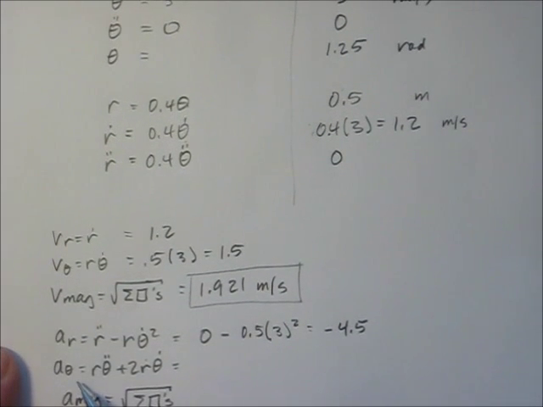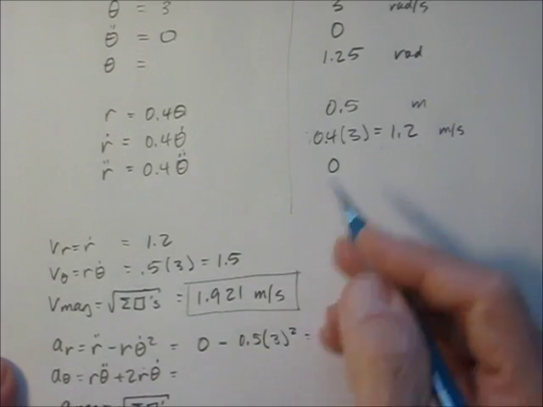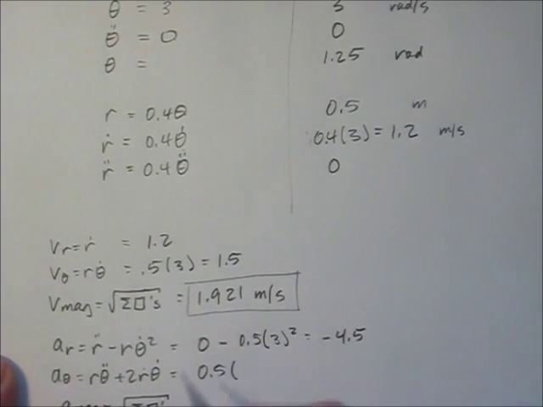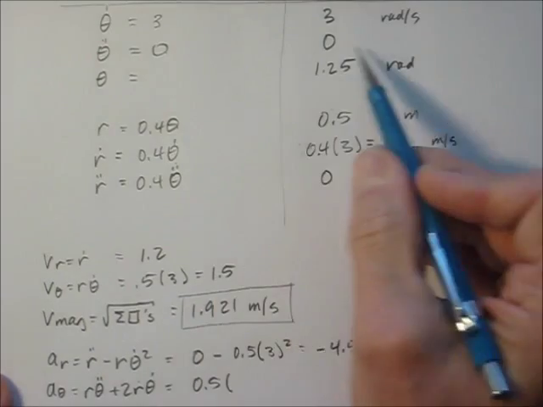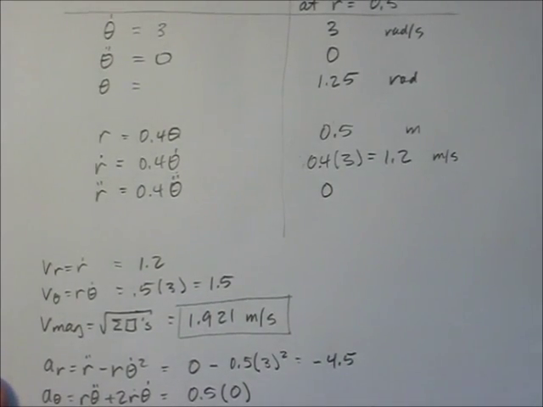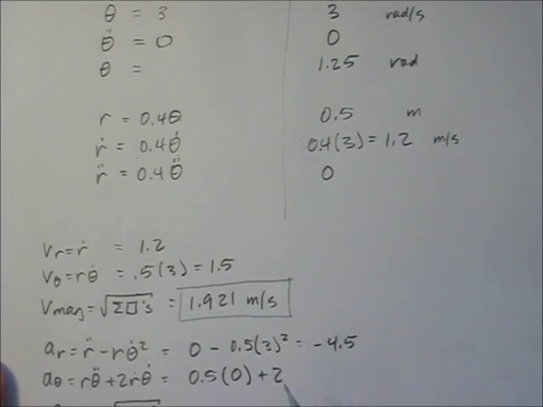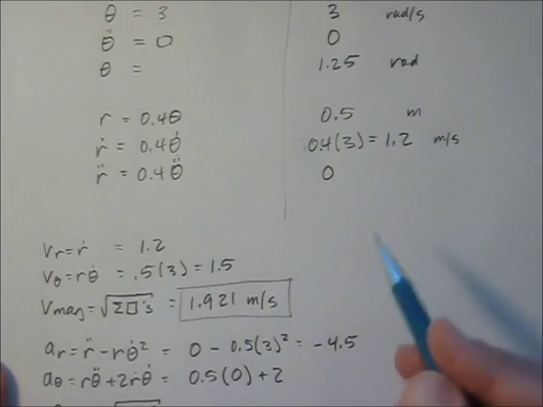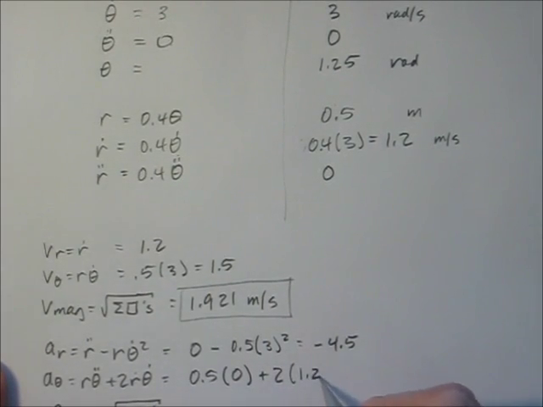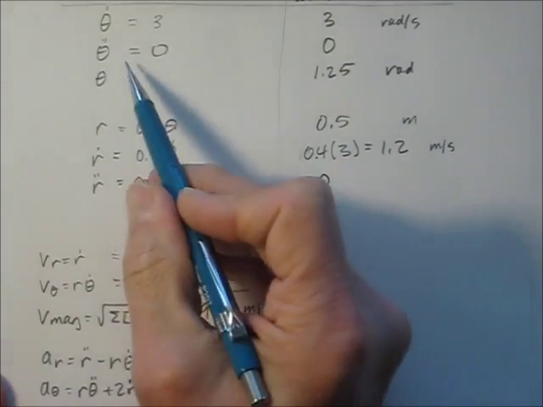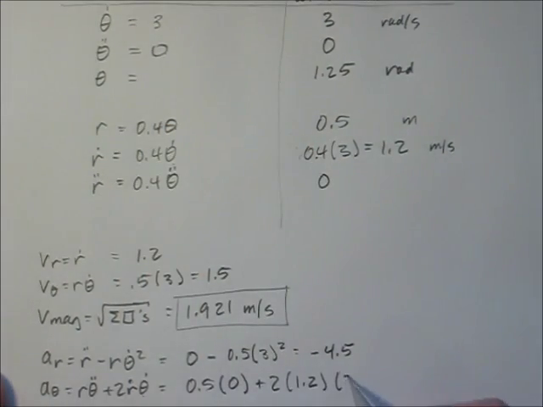A theta: r is 0.5, and theta double dot is equal to 0. Oh, good. So we got another 0 term there. Plus 2 r dot, and that would be 1.2, and theta dot is 3. And that's equal to 7.2.